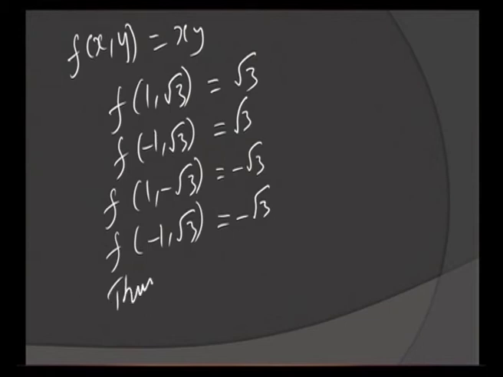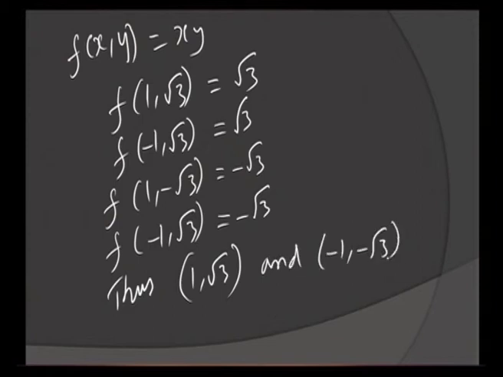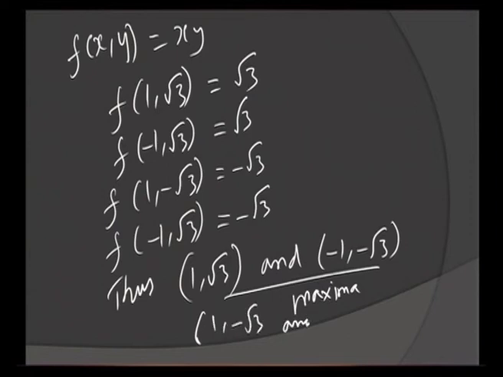Thus 1 comma root 3 and minus 1 comma minus root 3 are the maxima, and 1 comma minus root 3 and minus 1 comma root 3 are the minima.